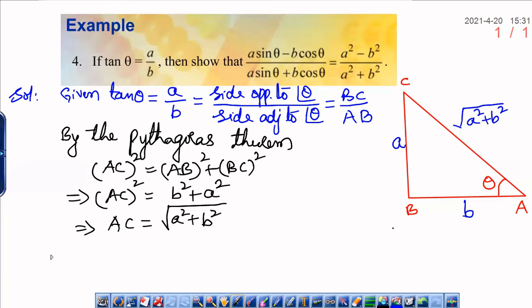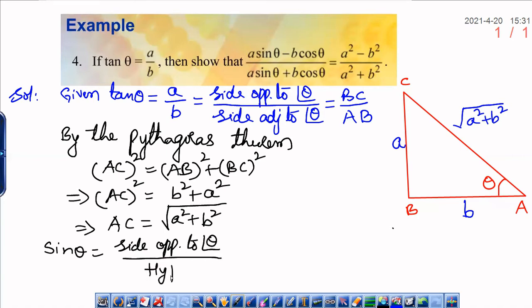Now to show that (A sin theta minus B cos theta) upon (A sin theta plus B cos theta) is equal to (A square minus B square) upon (A square plus B square), we have to find how much is sin theta. So sin theta is equal to side opposite to angle theta divided by hypotenuse.